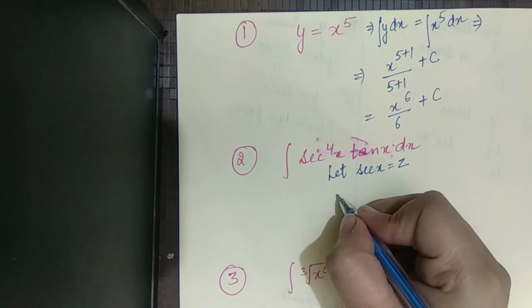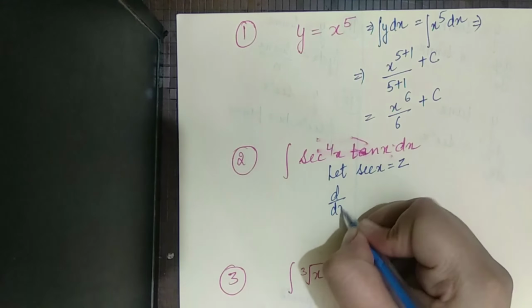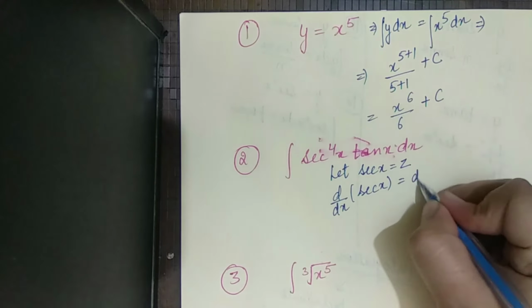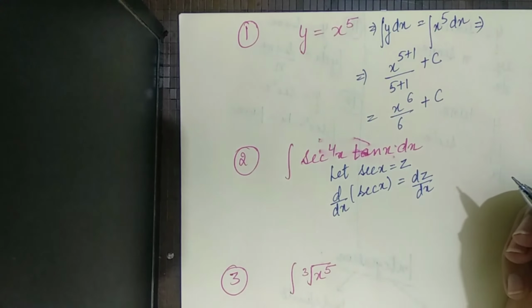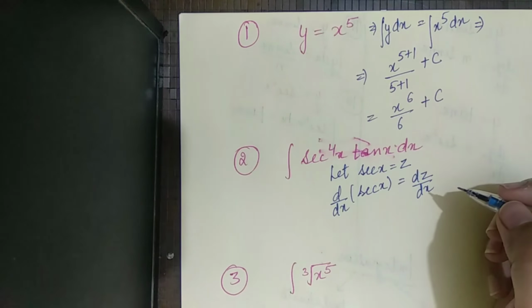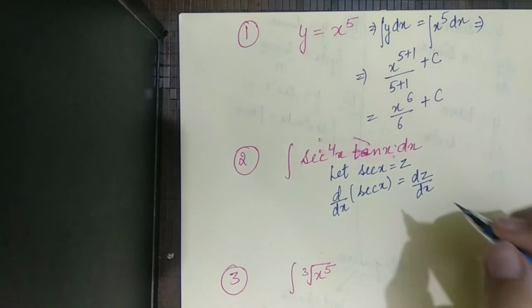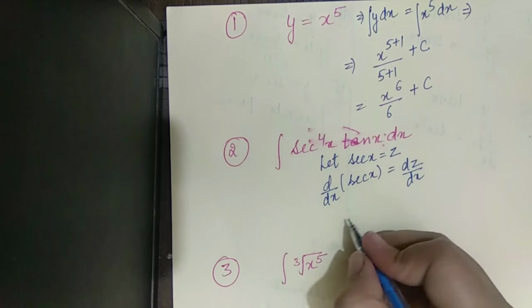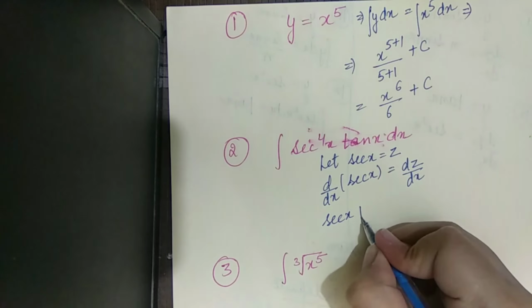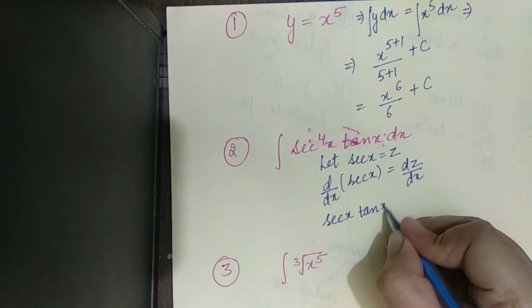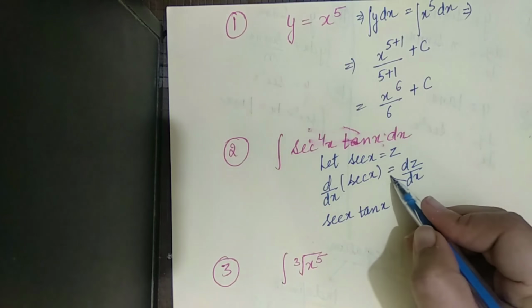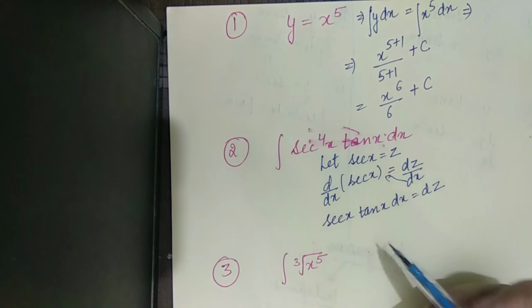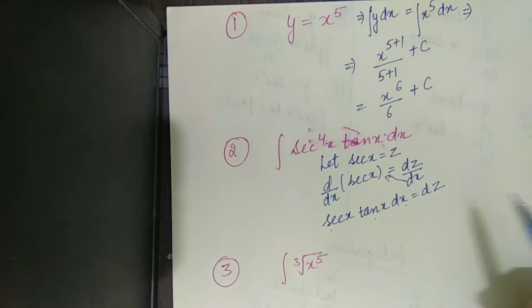So if I take the differentiation part, it would be dz upon dx, right? Or we can say the differentiation of secant x. The differentiation of secant x is secant x tan x, right? So this dx will come here and dz will go there, so secant x tan x dx is dz.